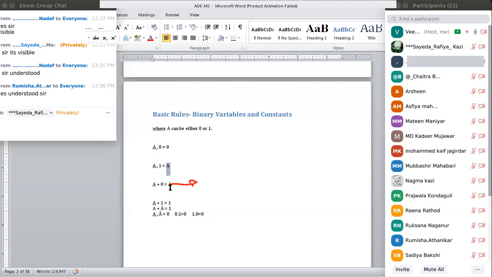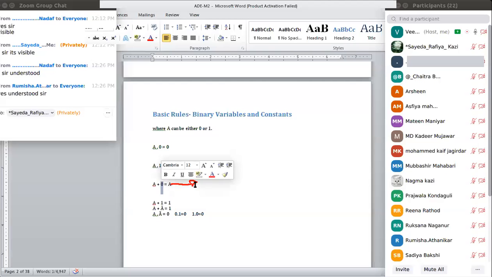The output is A. A plus 0, the function is OR function. The output is always A. The only difference is this is the AND function, this is the OR function, and the constant number here is 1 and the constant number here is 0.